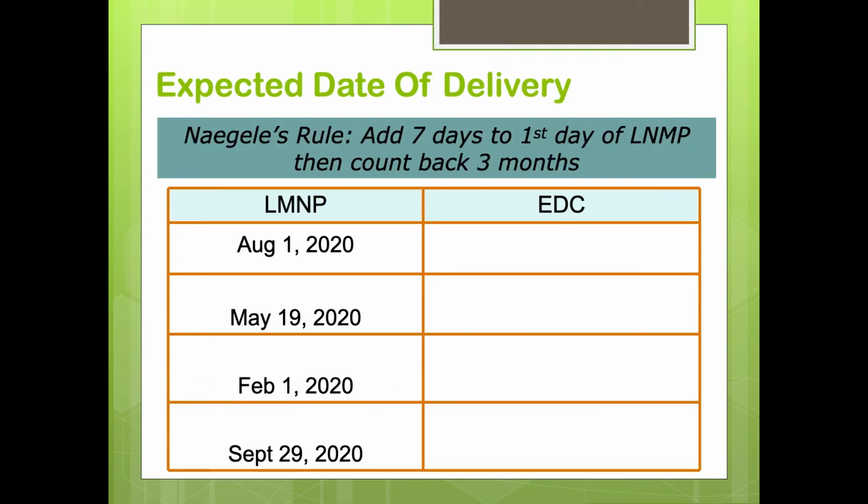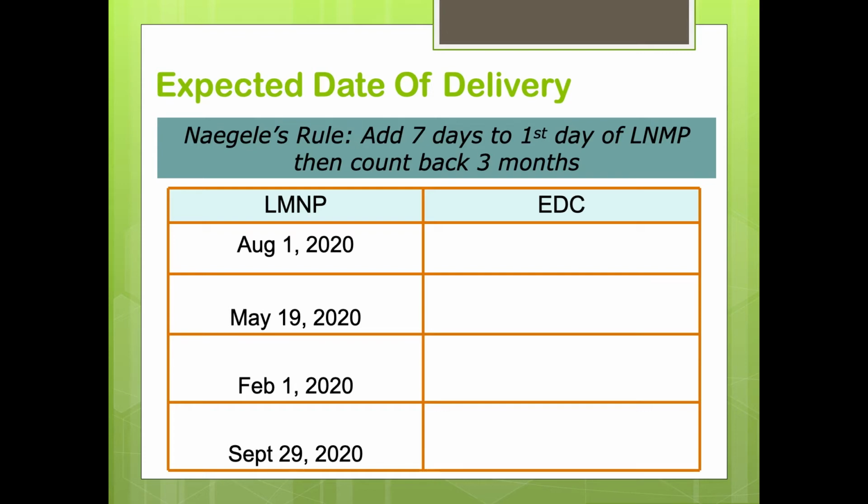Okay, so let's now go to the expected date of delivery or confinement. Once we've established the age of gestation and we have used the last menses as a basis of this age of gestation, then we can now use Nagel's rule for our EDD. The EDD is the 40th week age of gestation.